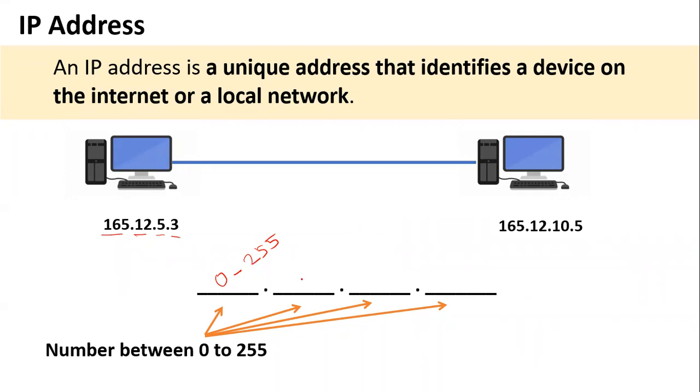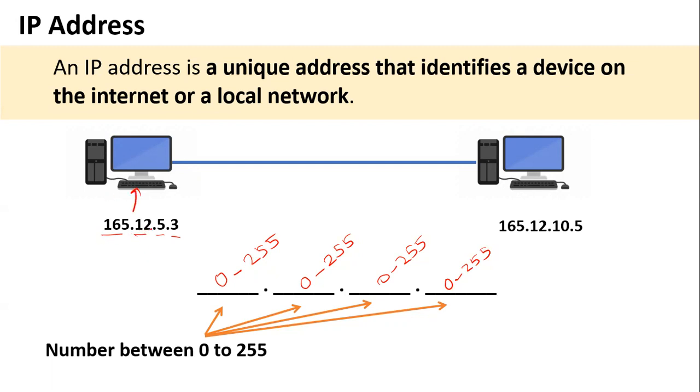However, just to refresh your mind, the number in each part will be between 0 to 255, right? So this is a unique address. Only this computer can have this address.